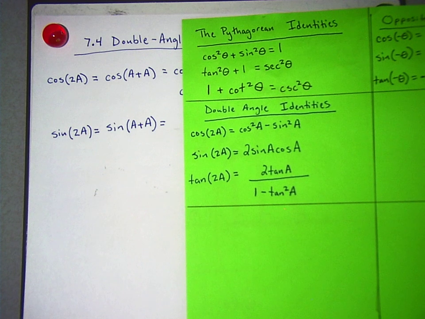So you're saying it's the same thing as sine A plus A. That's 2A, and then because they're the same, you don't have to have like x plus x, it's just like a variable.